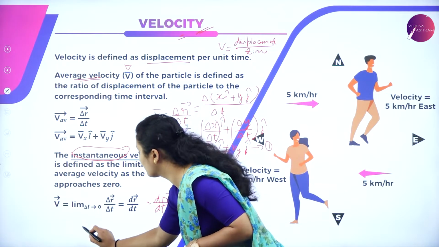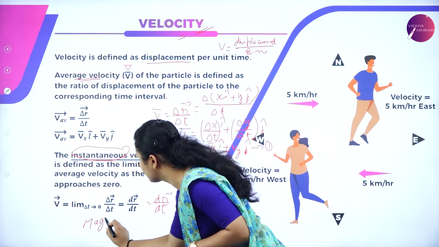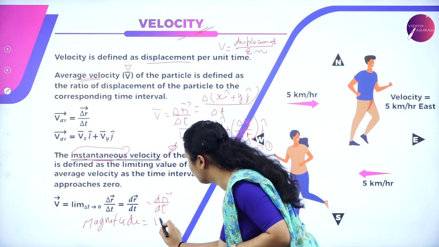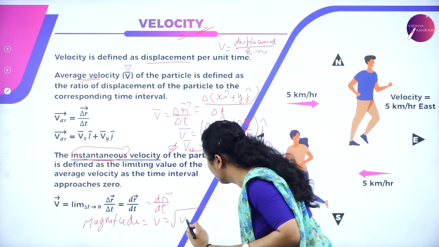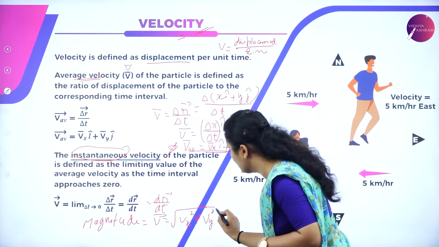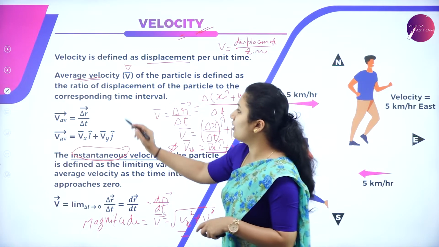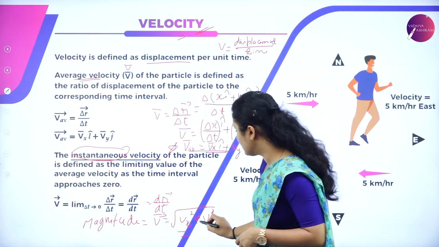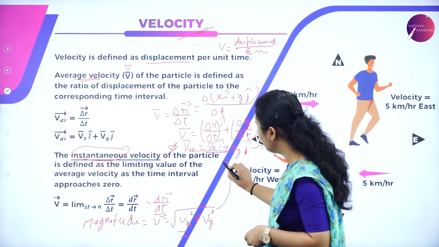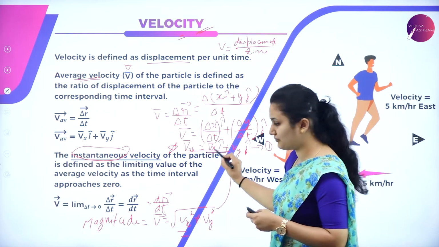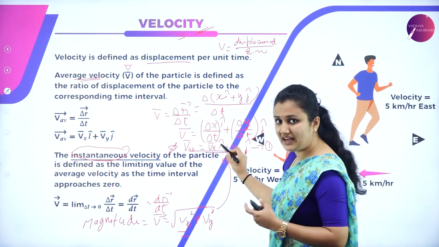I need to find out the magnitude. How will you find the magnitude? Magnitude V is equal to the root of Vx square plus Vy square. So this is the magnitude of velocity. We obtained this equation using the equation of average velocity, by squaring and adding.